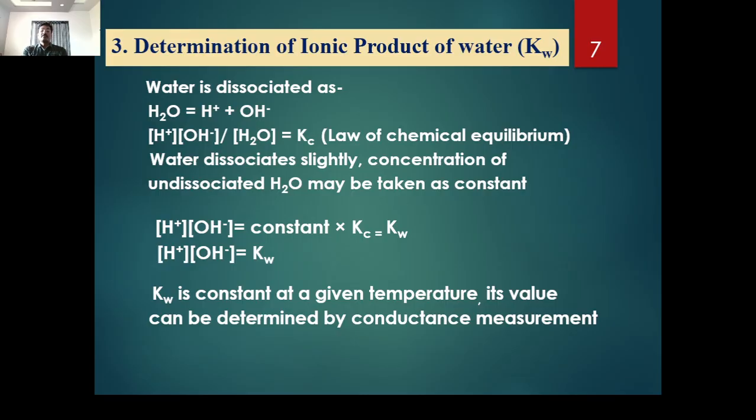Whatever the Kw may be, at a given temperature it is constant, and it is the product of the concentrations of hydrogen and hydroxyl ions, expressed in moles per dm cube. It is known as the ionic product of water, and its numerical value can be determined experimentally by conductometric measurement.